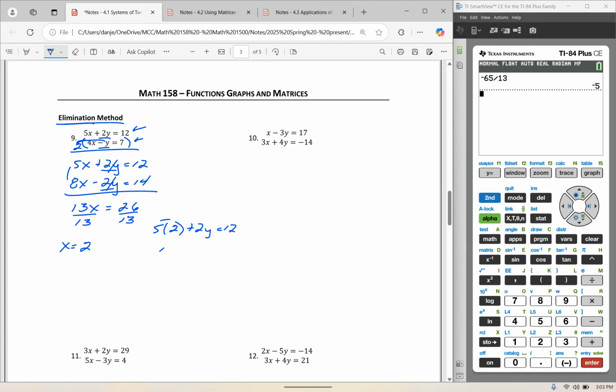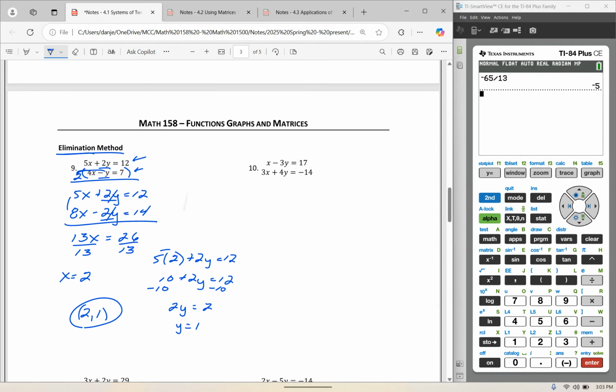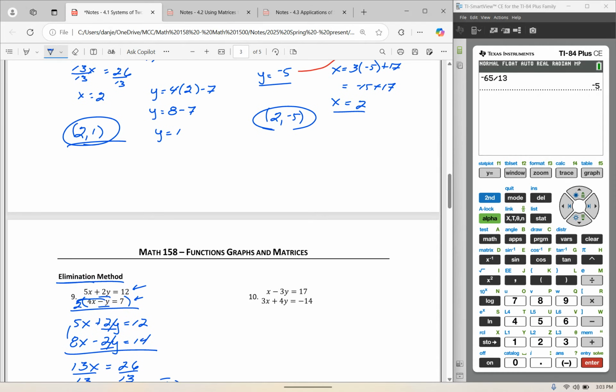So 5 times 2 is 10, plus 2y equals 12. Subtract the 10 from both sides, and 2y is 2, so y would equal 1. So we have the solution to the system, which is the point (2, 1), which, notice, should be the same as what we had up above.